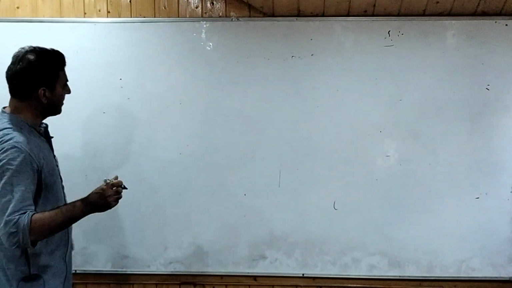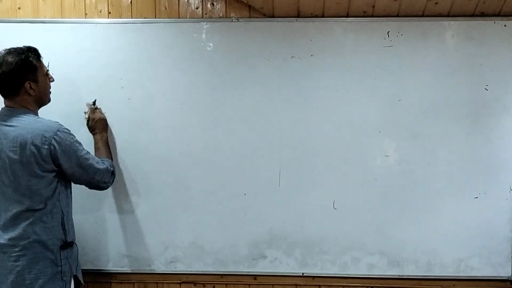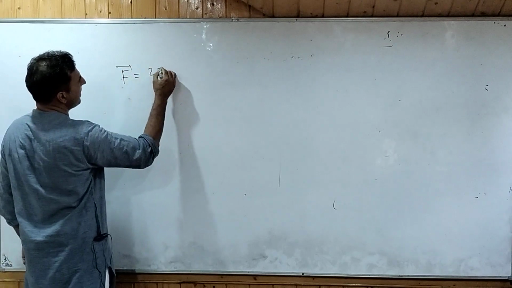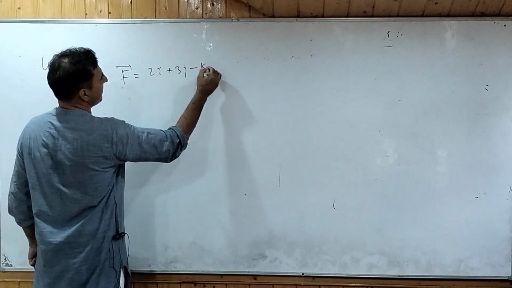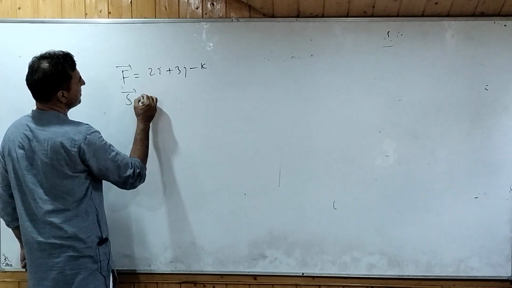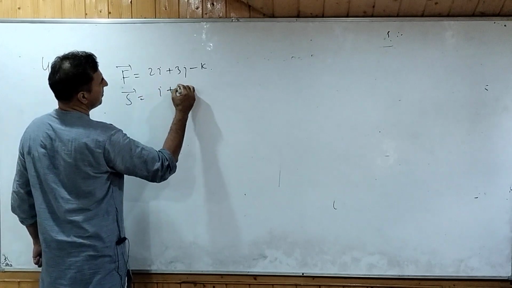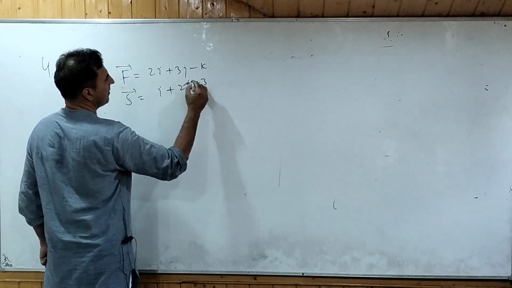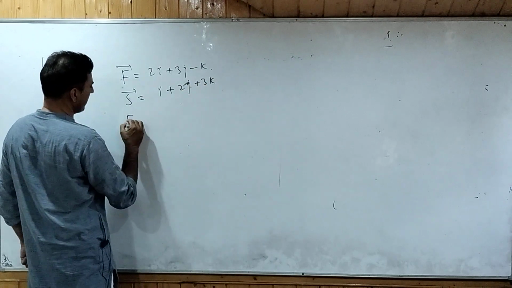Although the same concept goes on, fourth point is, have a look. Suppose I have a vector f that is 2i plus 3j minus k, and s is equal to i plus 2j plus 3k. What is f dot s?